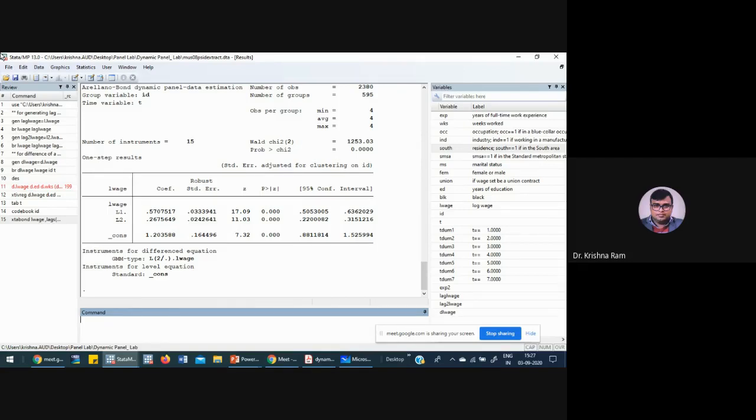Now let's move on to the bottom part of this result, which deals with the instruments for the difference equation. The method is GMM. Then it's written here L2 dot lag, while constructing instruments.